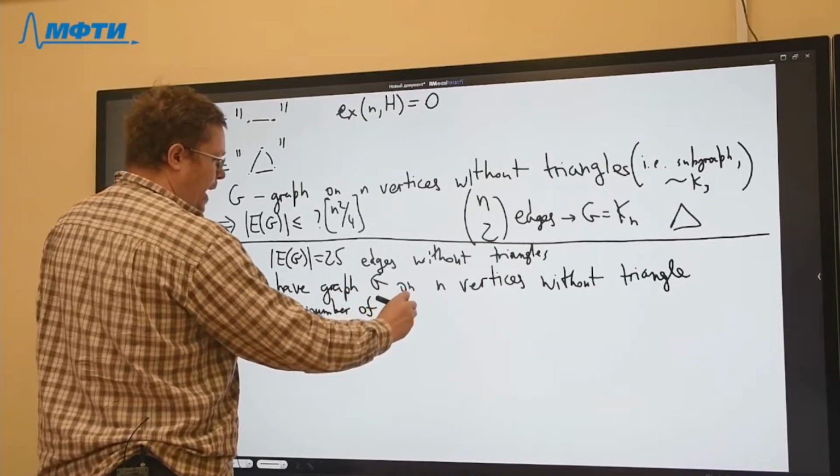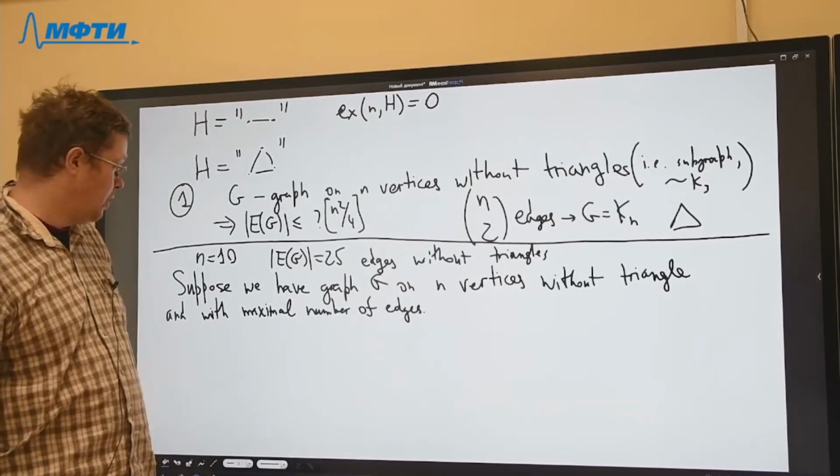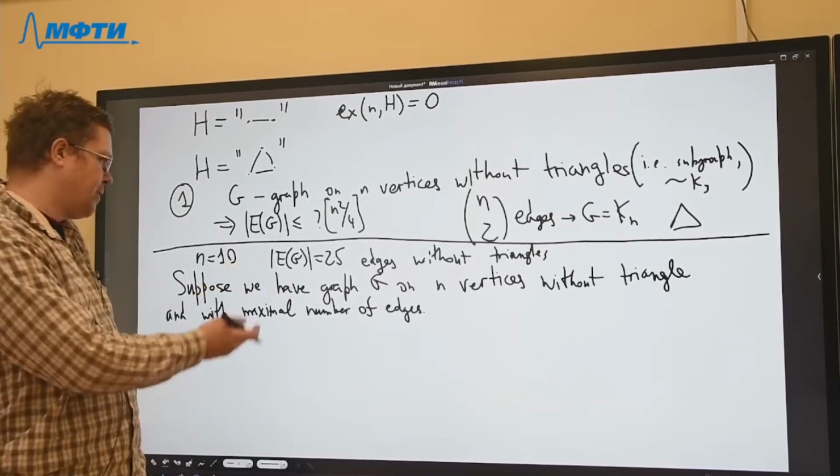So if we add one more edge, then this graph will contain a triangle. Of course, we have some edges in there.